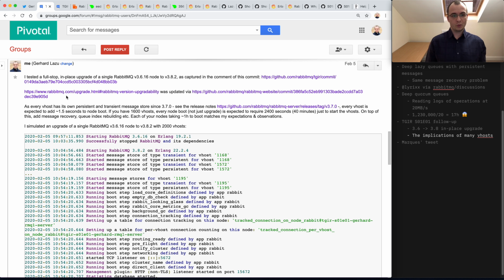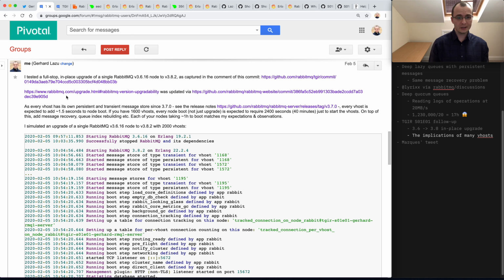So if there are 1,600 vhosts, as was the case for this person, it can be an upgrade, it can be just a regular stop and start, it doesn't really matter, it is expected for node boot to take about 40 minutes, just for the vhosts alone. As we've seen in this episode, if some queue indices have to be rebuilt, if some messages have to be read, whether it's a quorum queue, in this case 3.8, it will take longer.